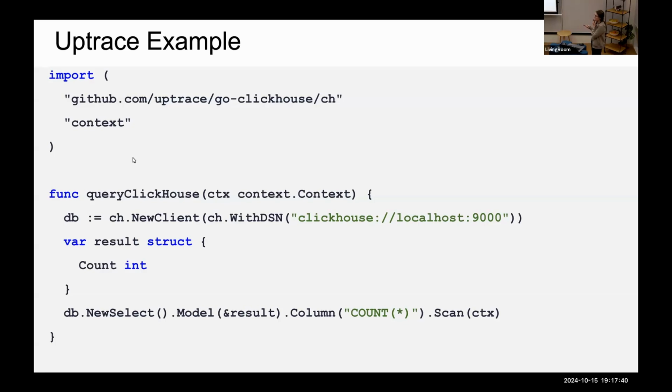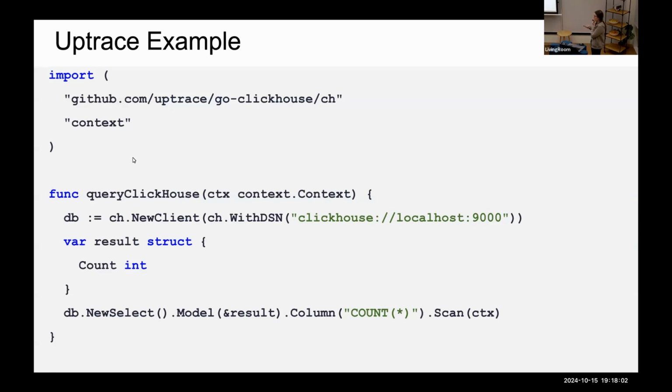And this is what I said is kind of mimicking the ORM approach, in that I can define a structure. It's going to represent some sort of an entity, which here, let's say, is just going to have one parameter. I'm just going to fetch a count on some number of rows.